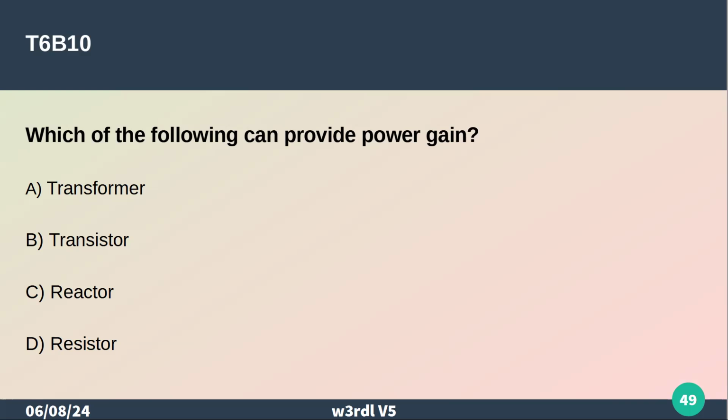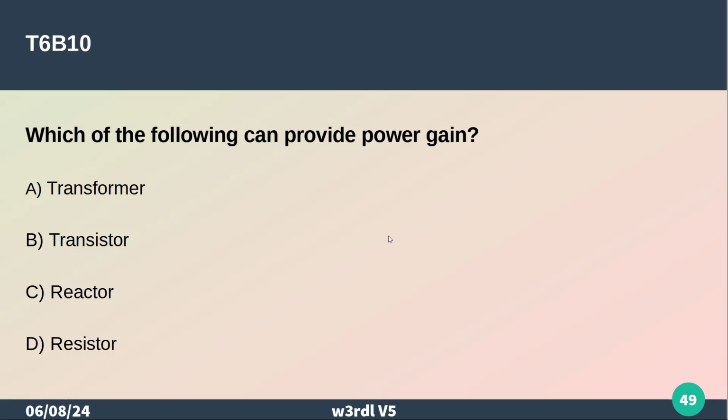Transformer. I would say Alpha. Have we talked about transformers? No. Well, then how do you know about a transformer? You're guessing. Voltage, Bravo. Gain, reactance. And we know resistors don't have gain, right? A resistor would have power loss. So it'd be a transistor.